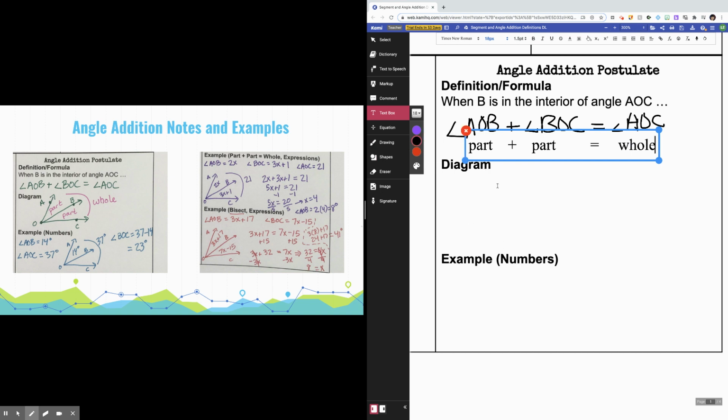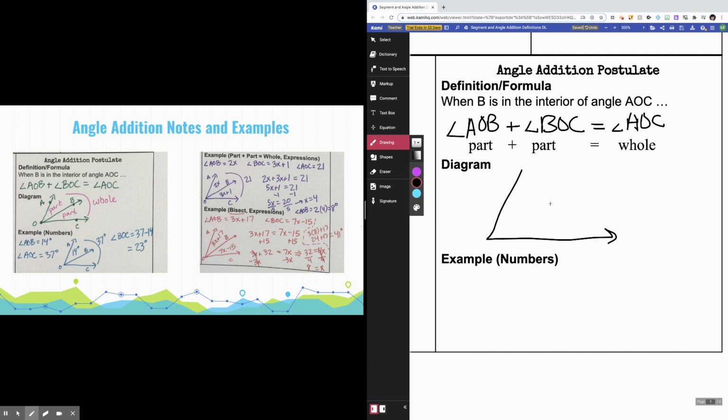In my diagram here, I said B is in the interior of AOC. So the first thing I need to draw is the big angle, which is AOC. Remember, that's A. O has to be the vertex because it's the middle letter here.